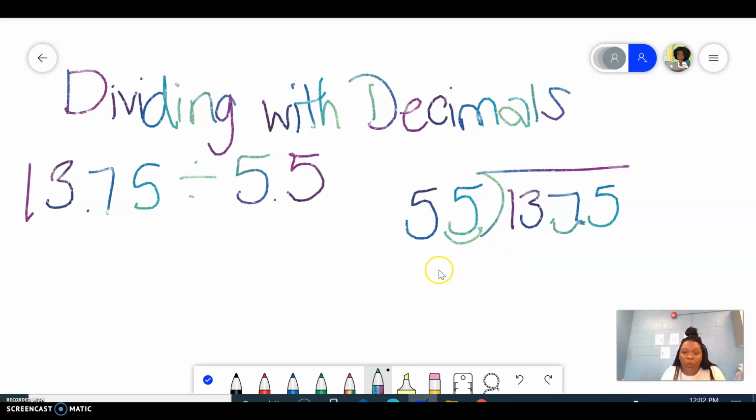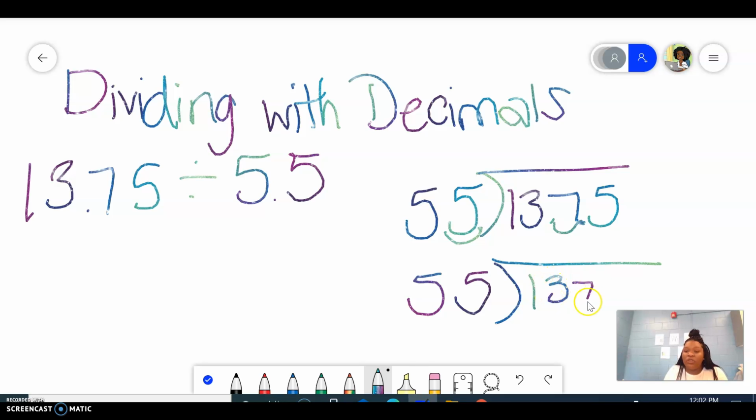So the new way for us to solve this is going to be 55 on the outside of our division house and 137.5 on the inside of our house, okay? What we want to remember is we want to make sure we put that decimal in our quotient line where our quotient goes.